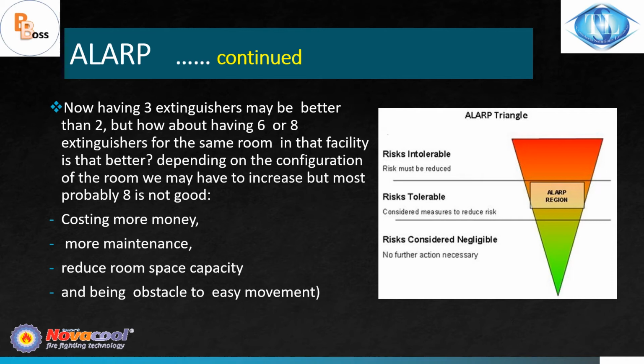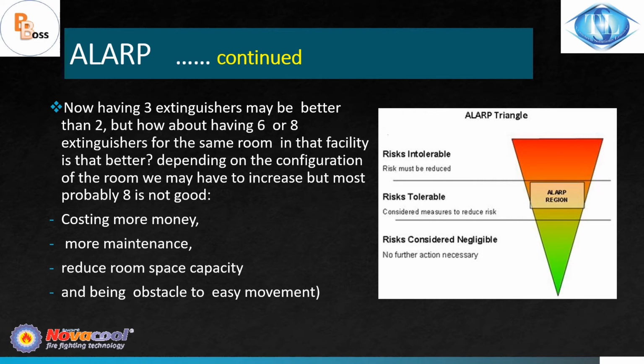Maybe 3, we can say it's better than 2. Again, it depends. Let's say the room in its own design has a lot of obstacles and walls. Then we go to the code, and the code says 2 fire extinguishers for an uninterrupted path. So if there are obstacles, obviously I need more.